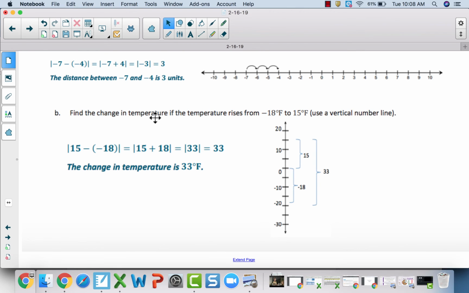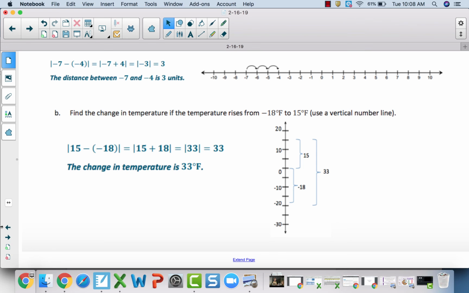I used a vertical number line because this question here is discussing temperature, and temperature thermometers are always vertical. So that's just something to get in the habit of. But the change in temperature, the change is a positive 33 because the temperature is rising from -18 to a positive 15.